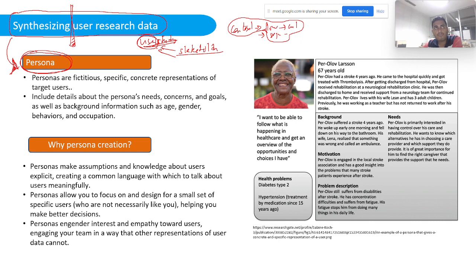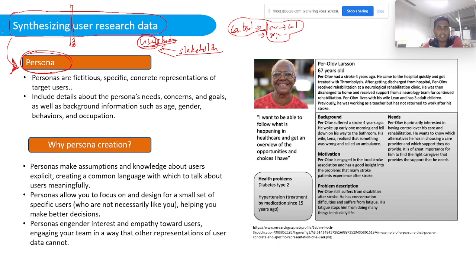When you use techniques like contextual inquiry or interview, you get to know people's viewpoints and mental models, and that can vary among user groups. When you finally need to bring all these things together for your analysis, it's very difficult if you consider them separately. So for that, you consider persona creation.